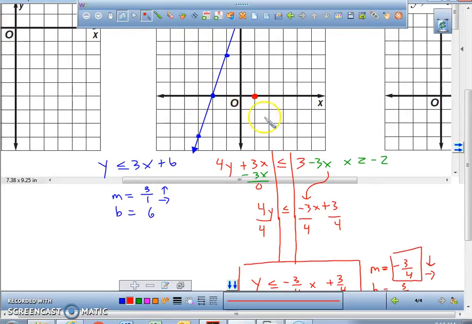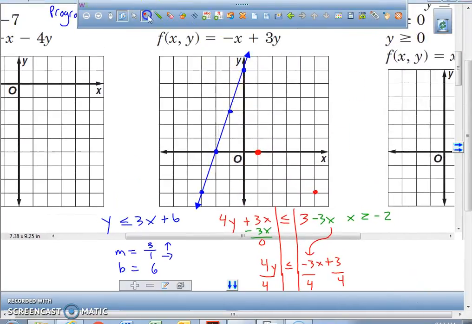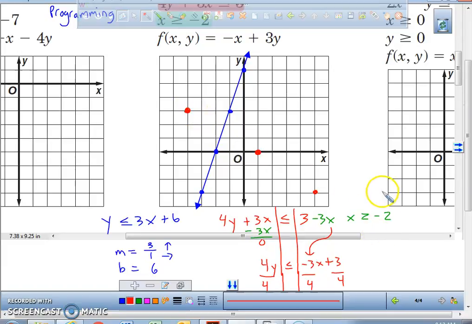So I'm going to go down 1, 2, 3, and over 1, 2, 3, 4, and put a point. You see that down 3 and over 4 ratio. I ran out of room, so now I'm going to go up 3 and over 1, 2, 3, 4, and put this point right there.